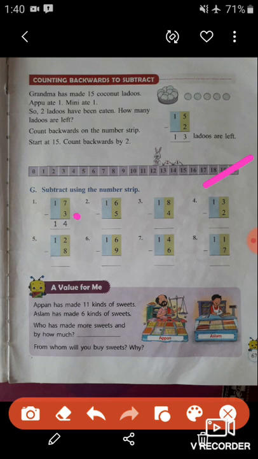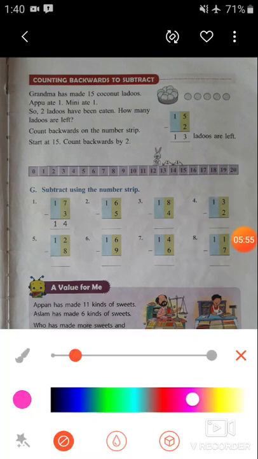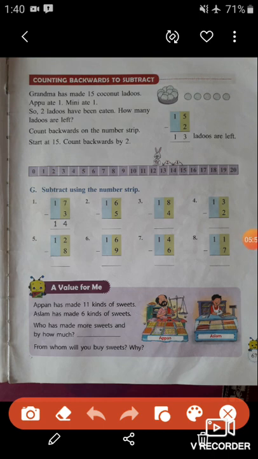First of all, we have to look at the biggest number, that is 17. Look at this number strip here. You have to start from 17. Now how many steps do we have to count backward? 3. Yes, so let's get started.